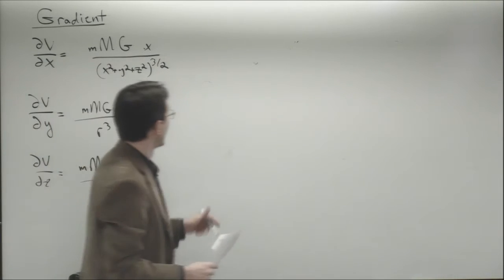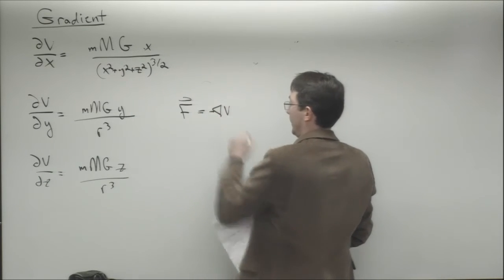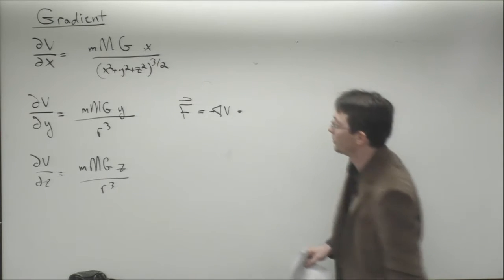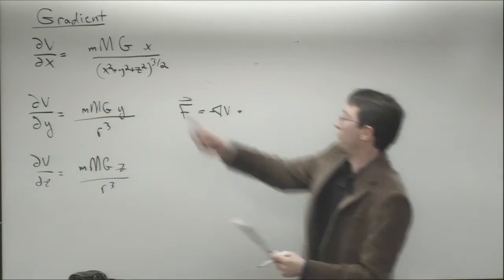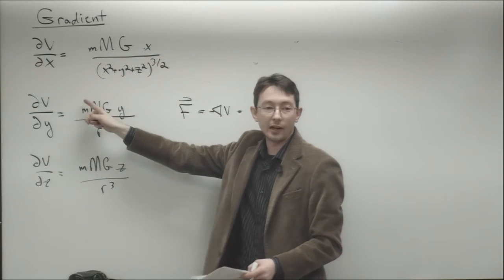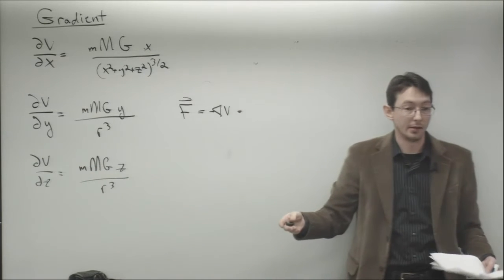And so our force vector, which is minus grad v, is equal to this in the i direction plus this in the j direction plus this in the k direction. That's what my gradient means.